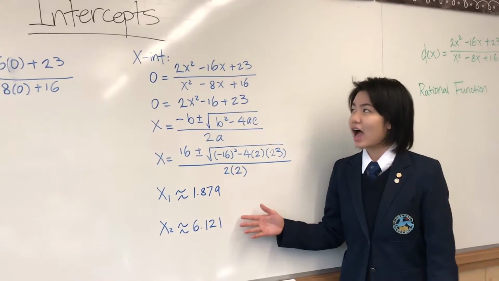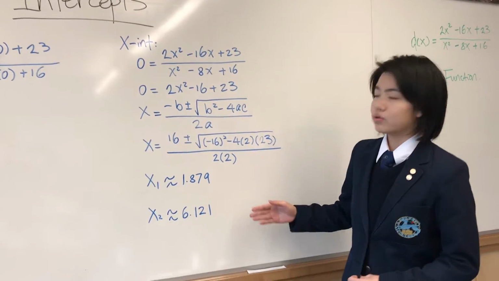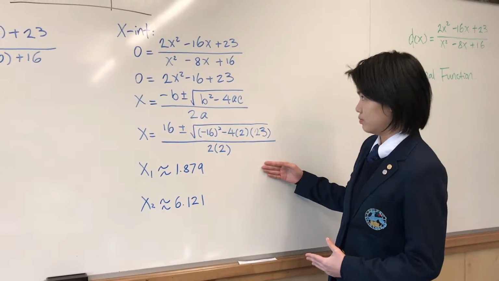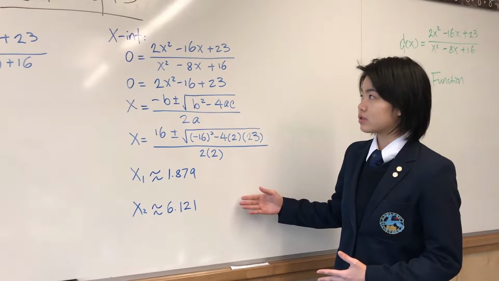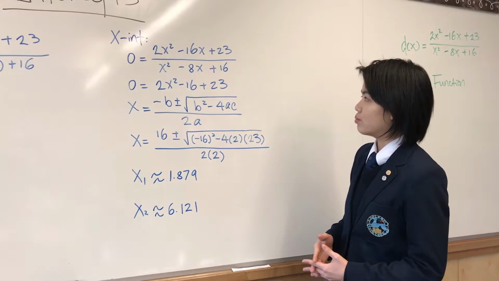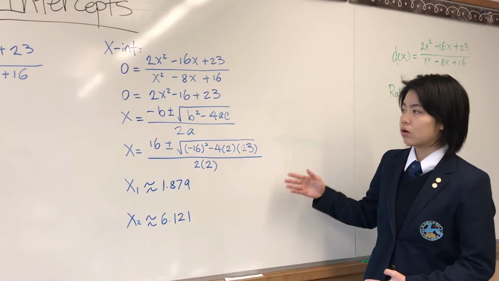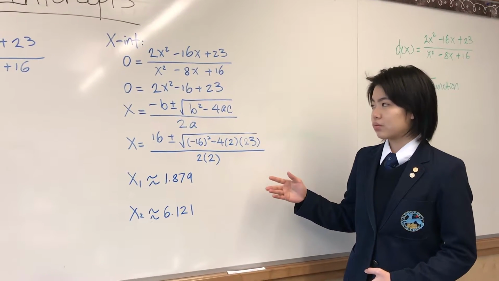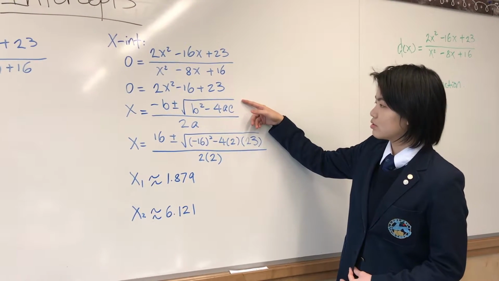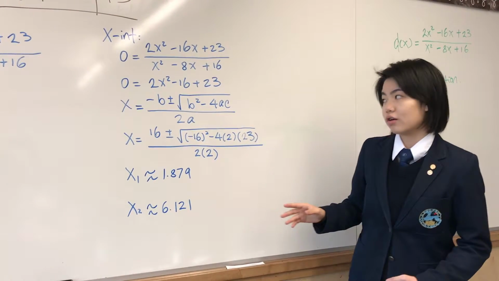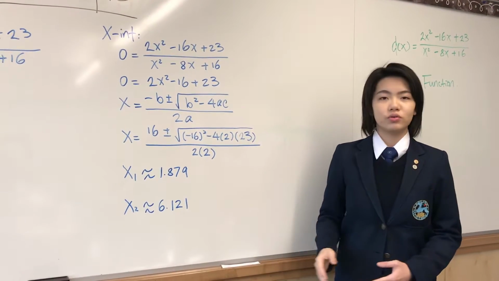And let's look at the x-intercept for this function. We first substitute 0 in the y variable, and then we use the quadratic formula, which is x equals negative b plus or minus the square root of b squared minus 4ac, over 2a.